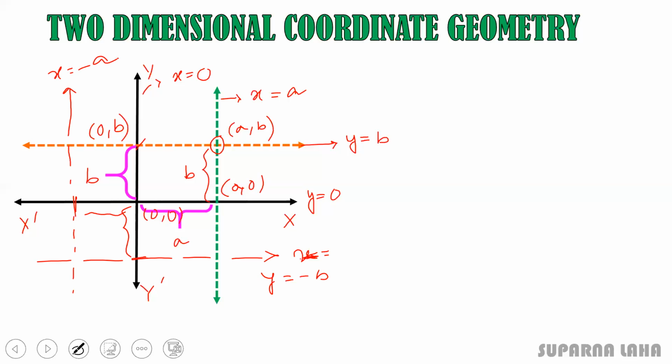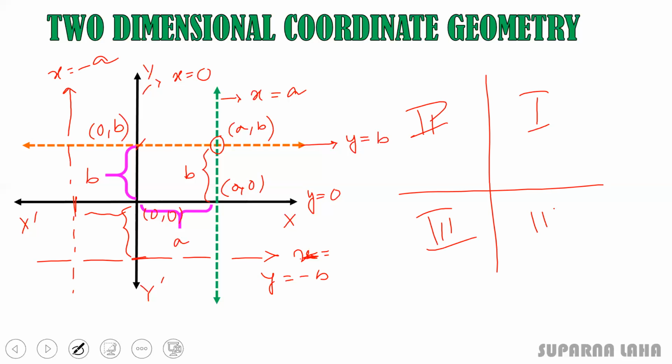So this is all about two-dimensional coordinate geometry, and we call this the first quadrant, this the second, third, and fourth. In the first, x and y are both positive, and in the second, x is negative and y is positive. In the third, x and y are both negative, and in the fourth, x is positive but y is negative.